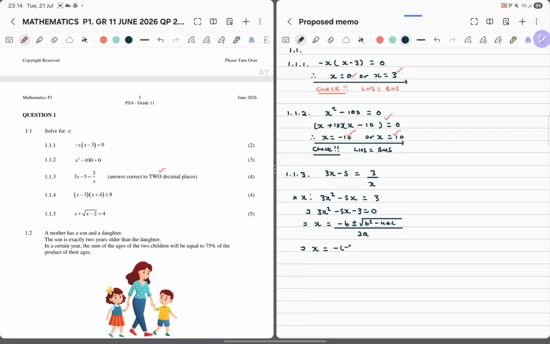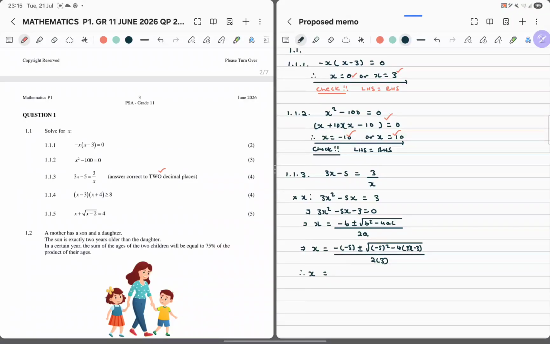So this is minus into minus 5 plus or minus the square root of minus 5 squared minus 4 into 3 into minus 3, all divided by 2 into 3.